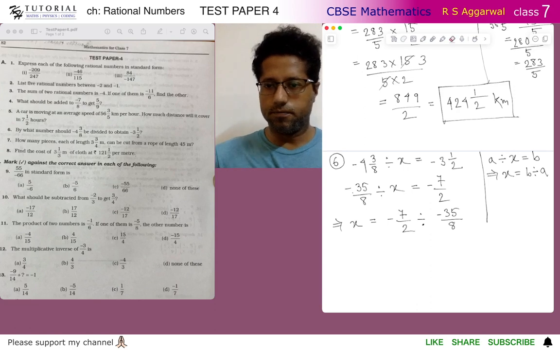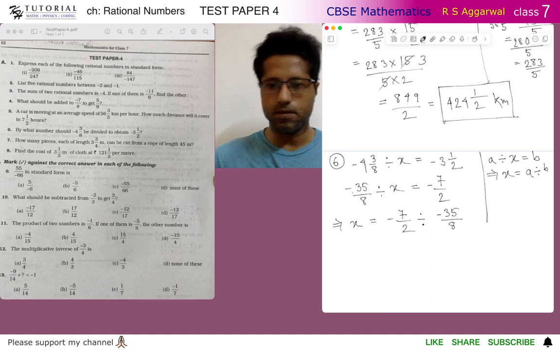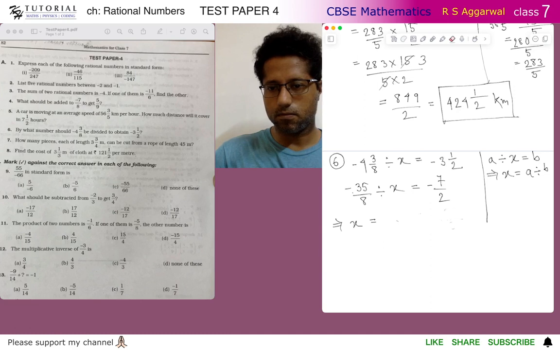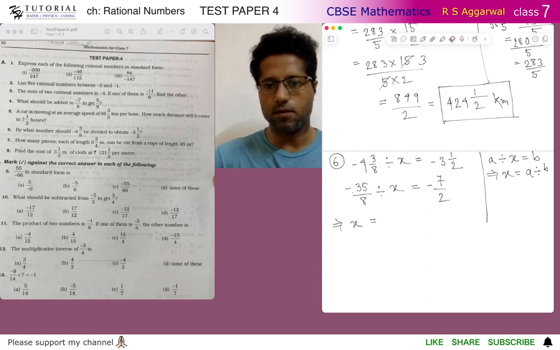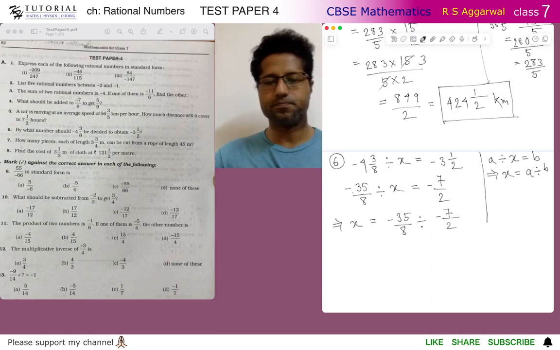It is a divided by x equals b. This implies x equals a divided by b. So in this problem, it will be minus 35 by 8 divided by minus 7 by 2.